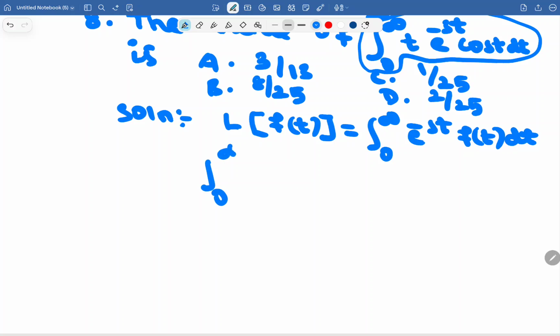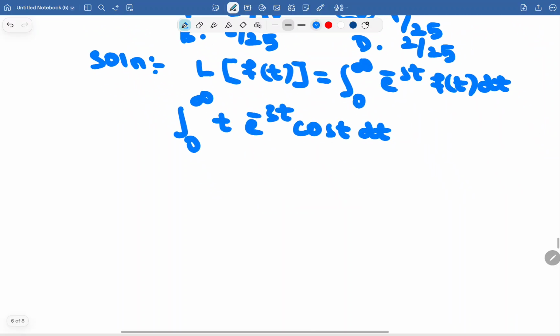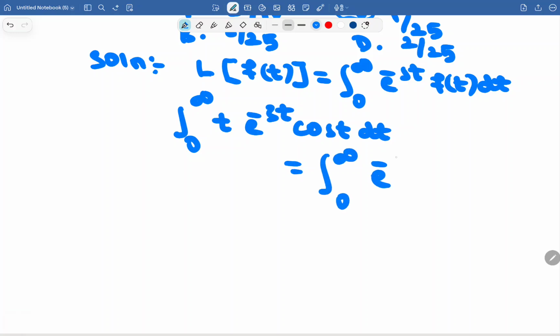Here in this problem, integral 0 to infinity t e power minus 3t cos t dt, I am going to rewrite this as integral 0 to infinity e power minus 3t t cos t dt.